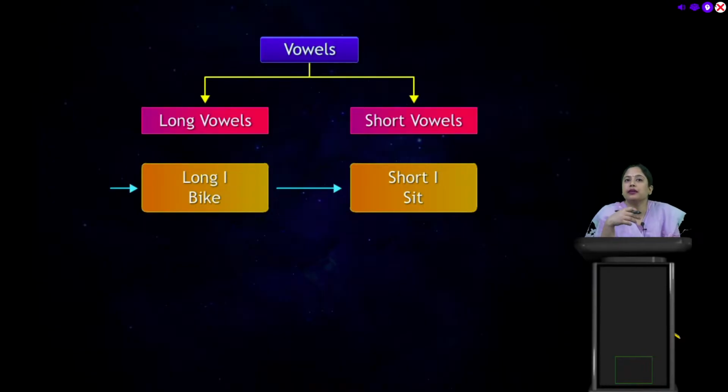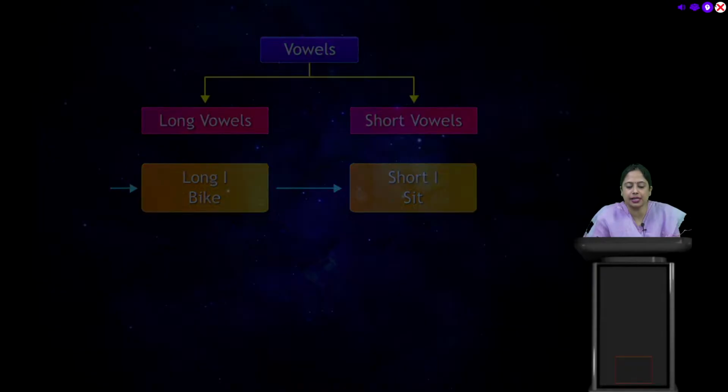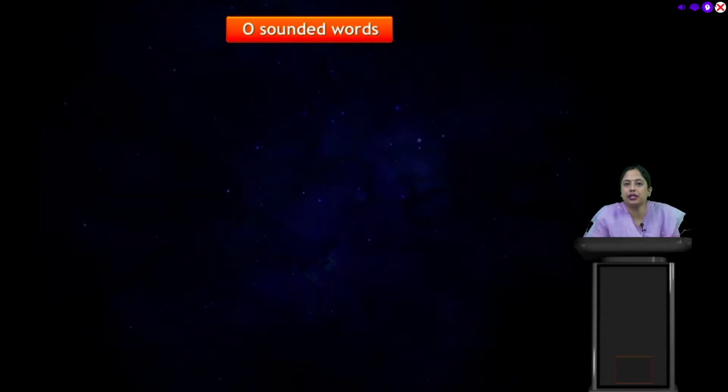And sometimes it's a short vowel sound, a shorter I sound, as in pit, bit, bill, sit, tin. When we produce these sounds, which are very short and clipped, we don't put much stress.